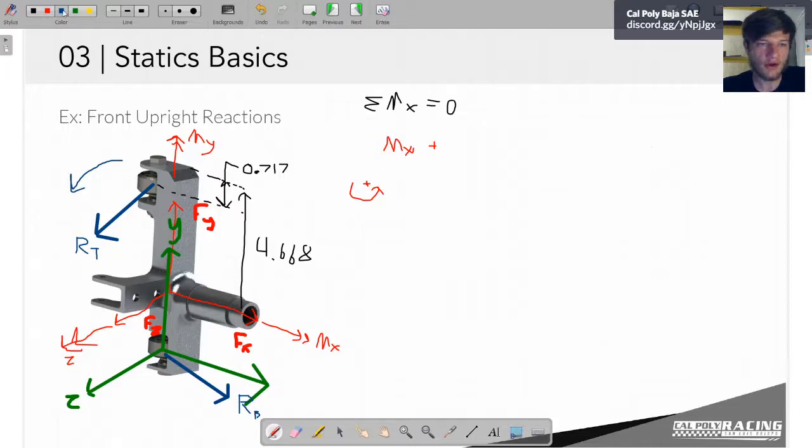So if we break up RT into x, y, and z components here, so that's RTX, RTY, and RTZ. The one force on here that can't cause a moment in the x direction is actually the x force.